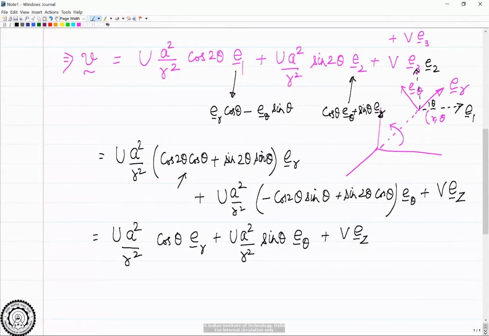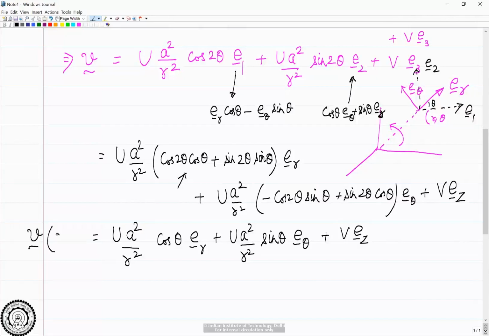So that's the velocity profile. I hope I have gotten it correctly. Are you guys okay with me? Have I made some mistake? It's fine, okay.